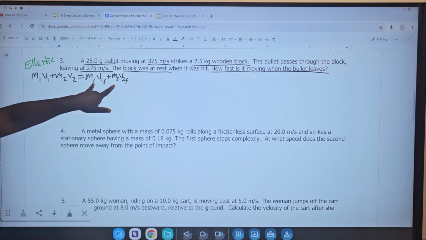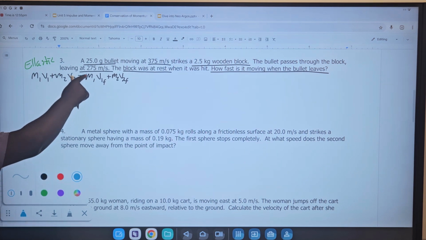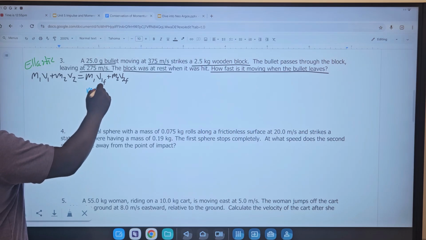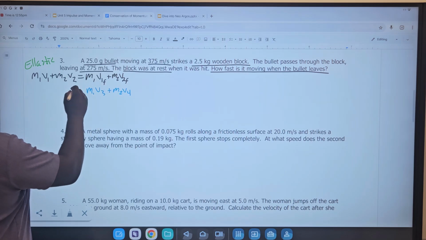And because they're not stuck together, they should have individual speeds. If you put this into Desmos, instead of putting V1F, V2F, yours is going to look like M1 V3 plus M2 V4.